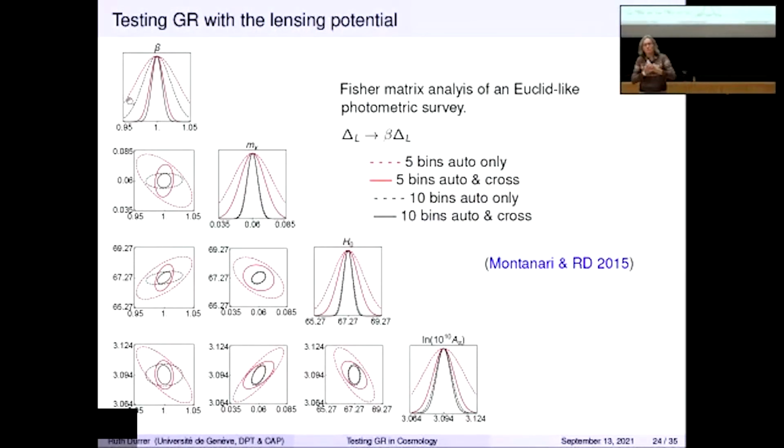We didn't do a real parameter estimation with Monte Carlo, but we just made a kind of Fisher matrix analysis, which is a simplified analysis for the errors. We estimated some of the neutrino masses, the Hubble parameter, the amplitude of fluctuations, and several other parameters, which I'm not showing, but mainly this beta.